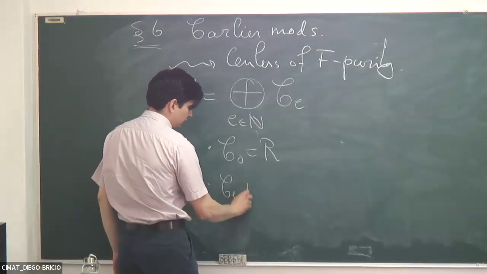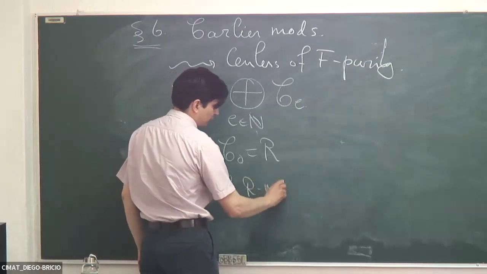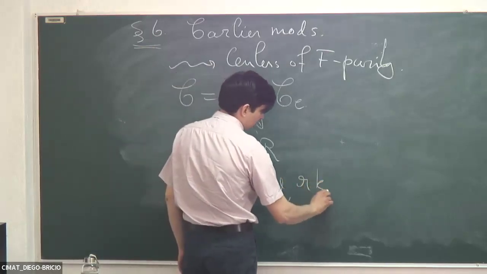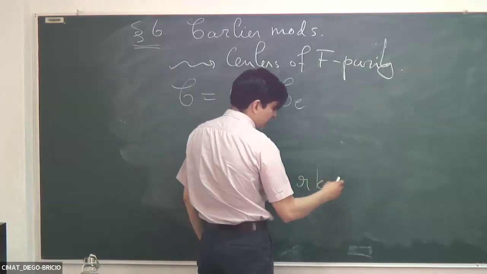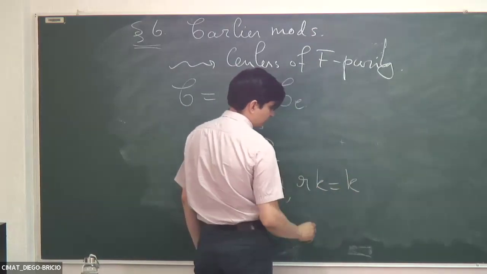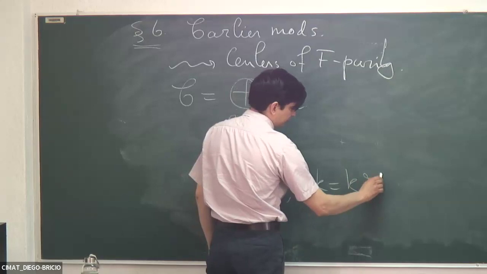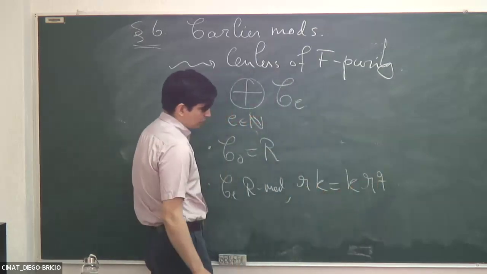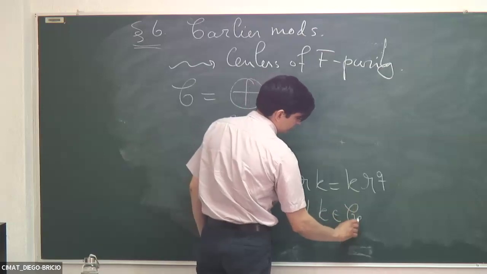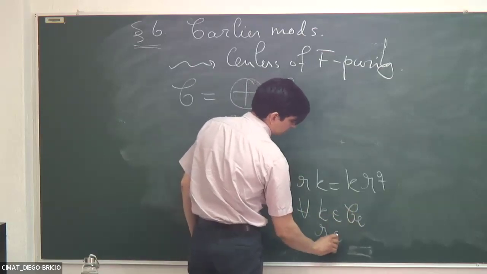So C_e becomes an R module, but it's a bimodule, so it's going to satisfy this property. Right? So for all kappa in C_e and r in R.